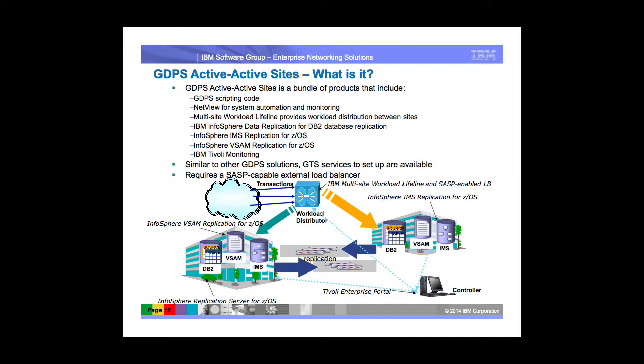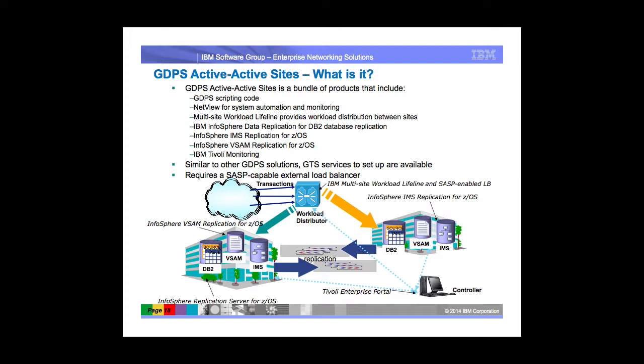And for active query to work, it requires NetView. We also require you to have a router that complies with the open industry standards that we use to inform and advise that router, such as an F5. F5 is probably the biggest one in the market that supports that standard. Those are really the components that you need for Lifeline to work, and that's it. The rest of the GDPS solution is not required.